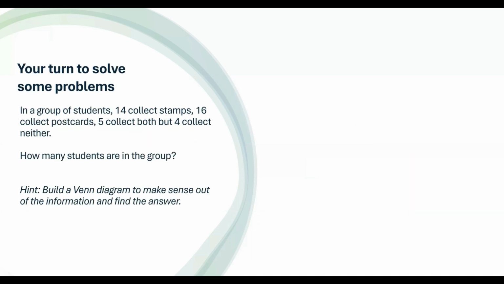Now, it's your turn to solve some problems. What I suggest is that you get a piece of paper and a pen, and you use the skill that you have learned and create a Venn diagram, or just a diagram of sets, to help you to solve the problem.